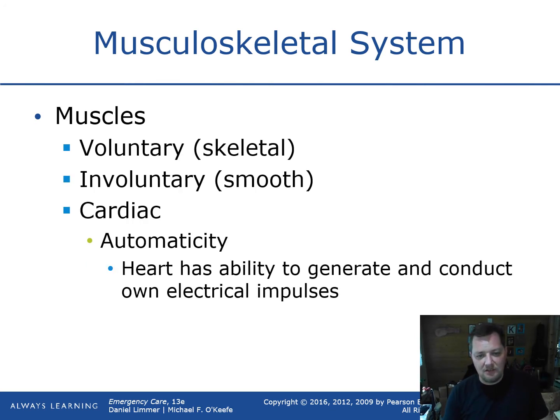So you've got muscles: voluntary muscles, which are your skeletal muscles, and then involuntary muscle, which is your smooth muscle, and then you've got cardiac muscle. Your cardiac muscle has automaticity, which gives the heart the ability to generate and conduct its own electrical impulses.